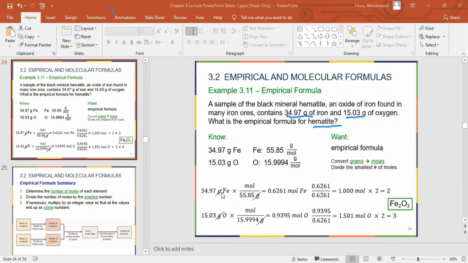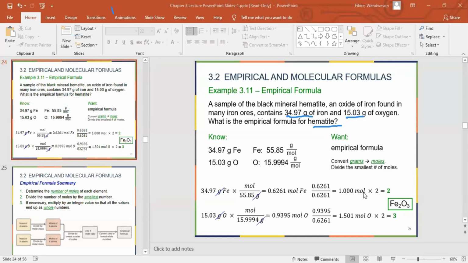So 34.97 grams of iron, changed into moles: we learned that in chapter 1, you divide that by 55.85, the molar mass of iron. It's the same way we do for oxygen. We divide 15.03 grams of oxygen, convert that into moles, by dividing by 15.994. So we got two ratios here, 0.6261 mole and 0.9396 mole.